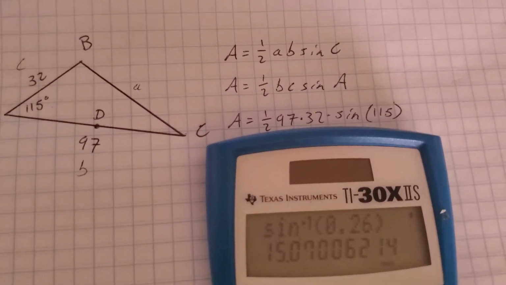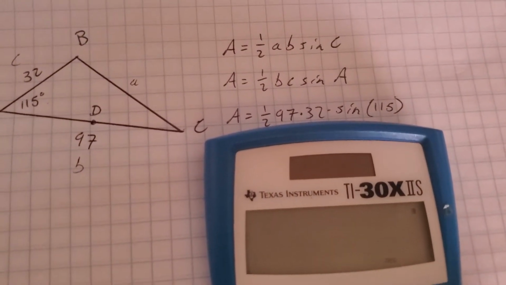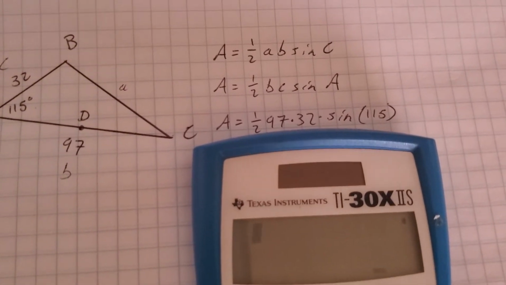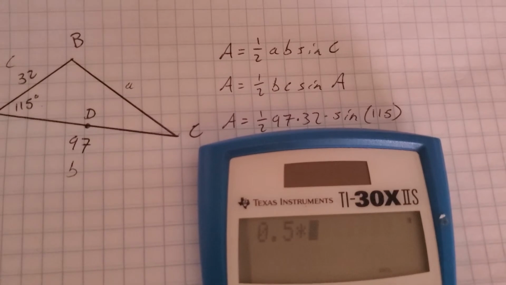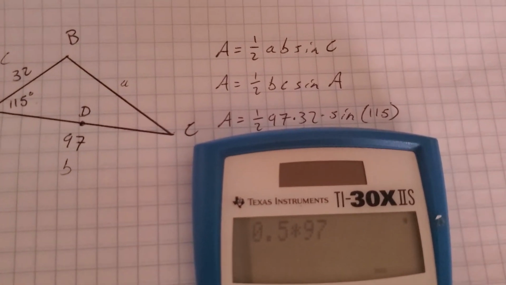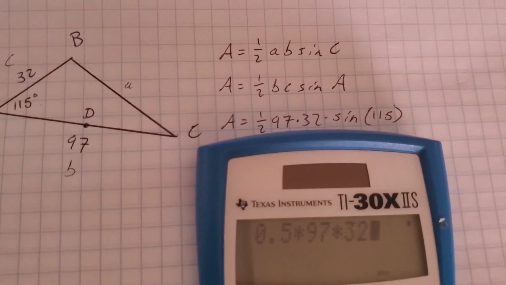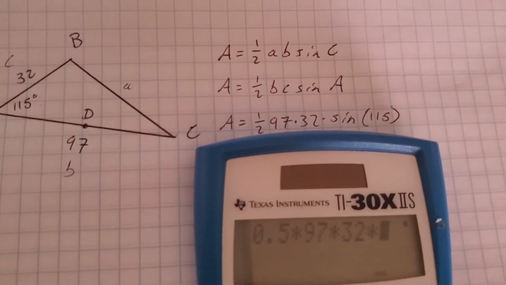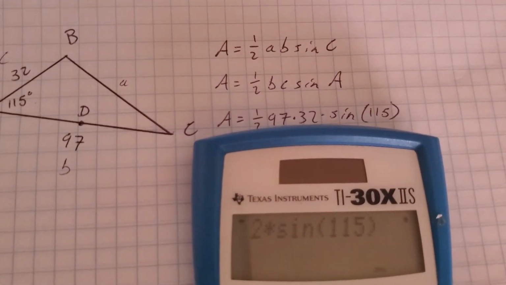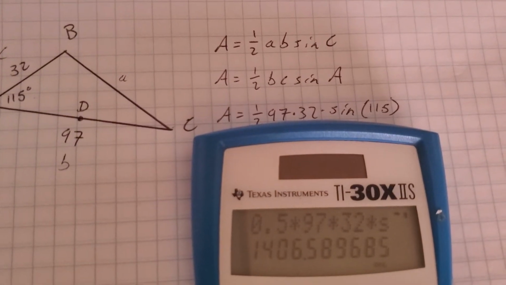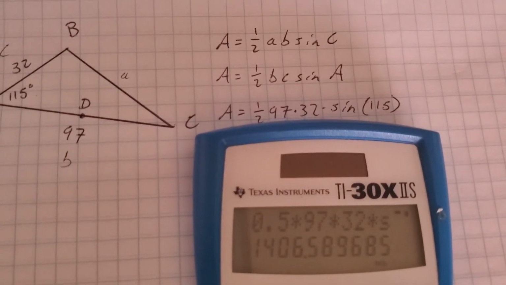Let me clear that out. It's going to be 1/2 or 0.5 times 97 times 32 times sine of 115, and that is equal to that big number.